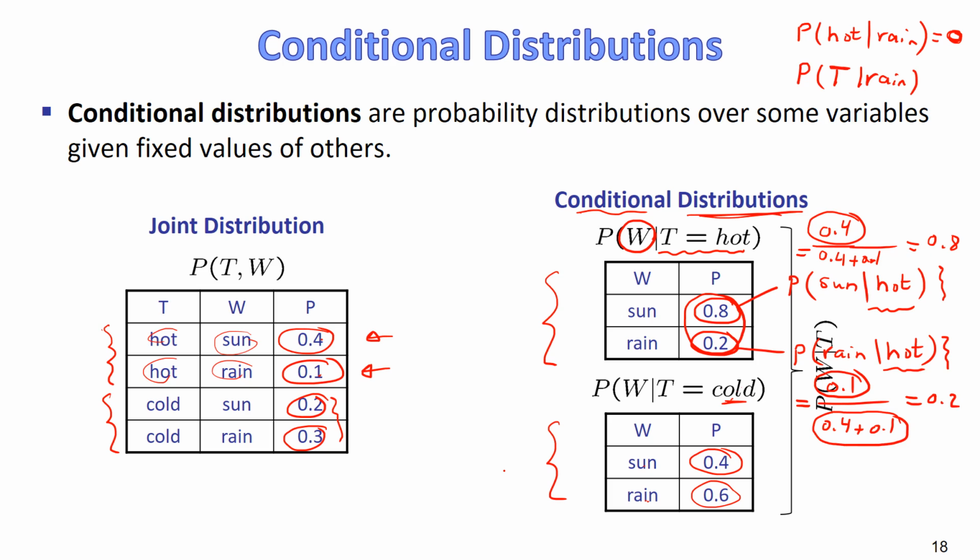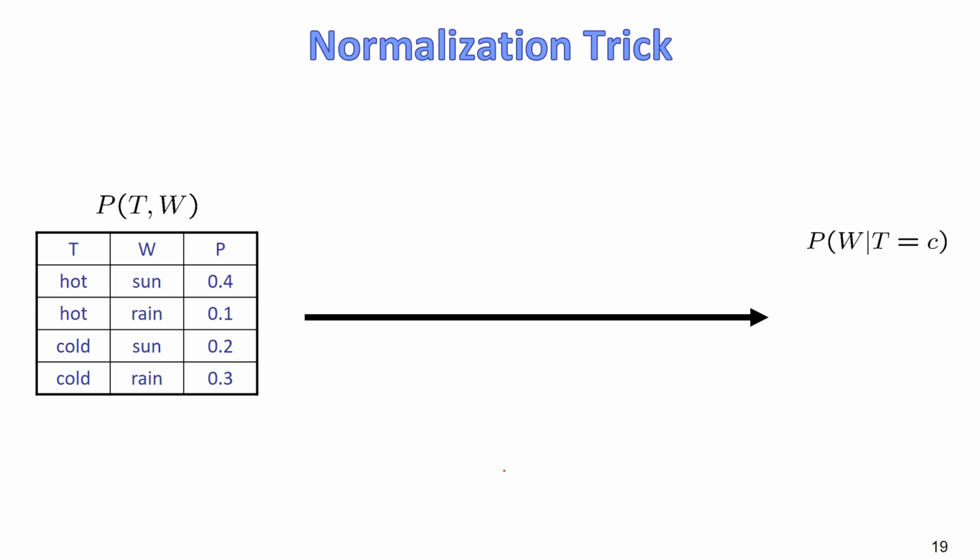Now we saw how we calculate the conditional distributions using the rule of conditional probability. Now let's see a shortcut for computing these probabilities, as I already indicated in the previous slide. We call this the normalization trick. What do we do in the normalization trick?